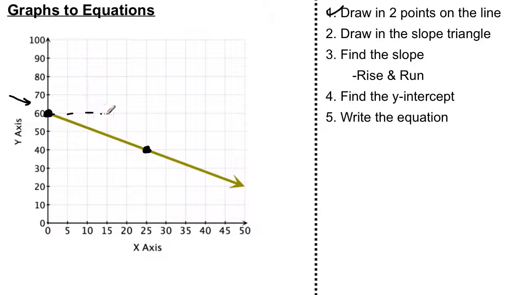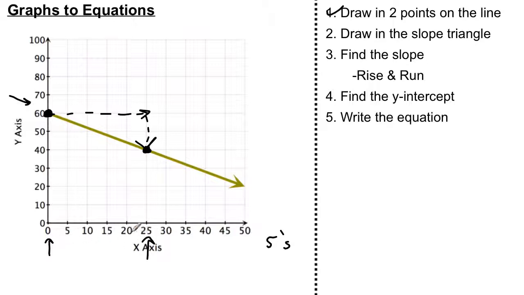So let's go like this. We'll go right, and then we'll go down. Okay, so how far right did we go? But notice here, our x is labeled in 5s. So when we go right, we're going from 0 to 25.